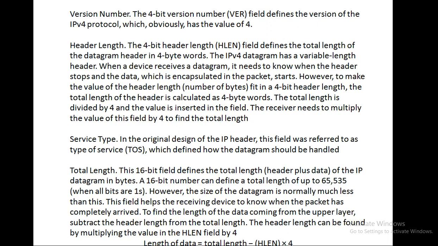The 4-bit header length field defines the total length of the header, and the receiver must know when the header is going to stop and when the data is going to start. Because to indicate that, we have included the header length, that is HLEN, in the header of the IP version 4 datagram.